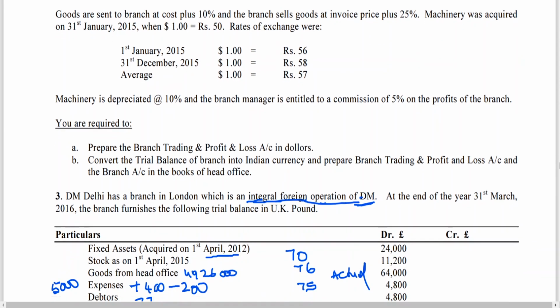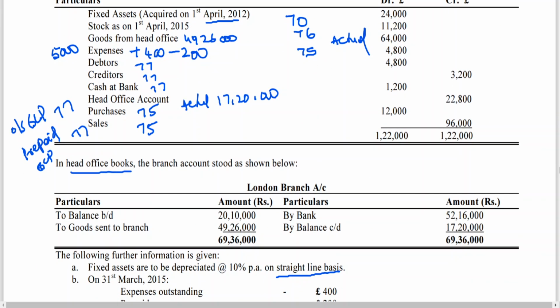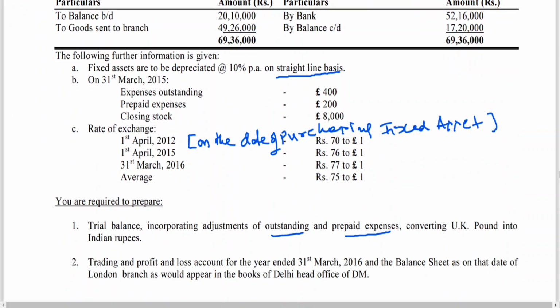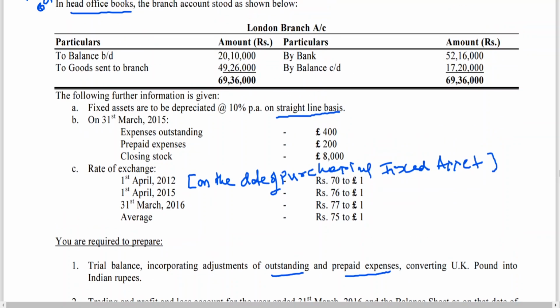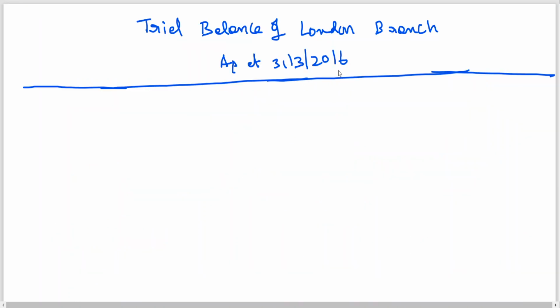The question asks for a trial balance incorporating adjustments and converting UK pound into Indian rupees. This is in Indian currency.